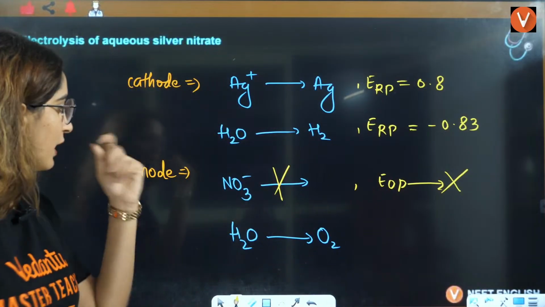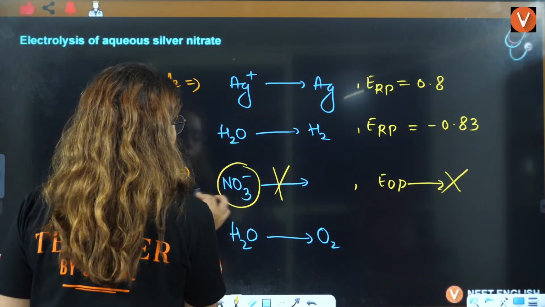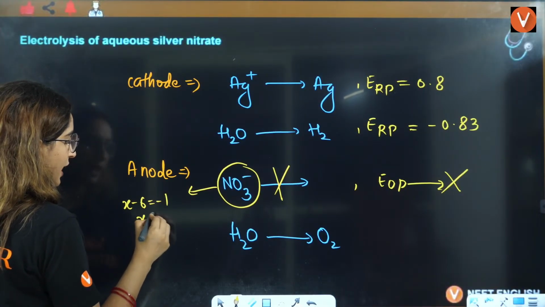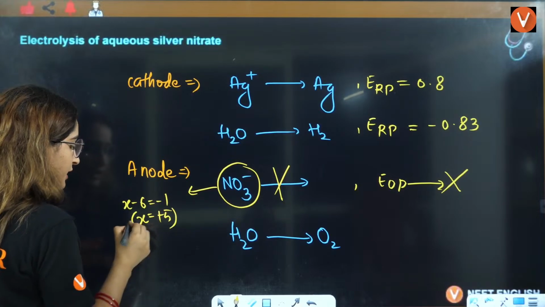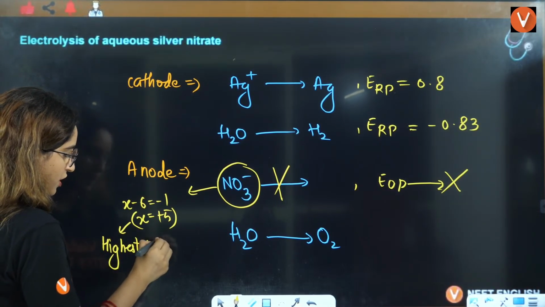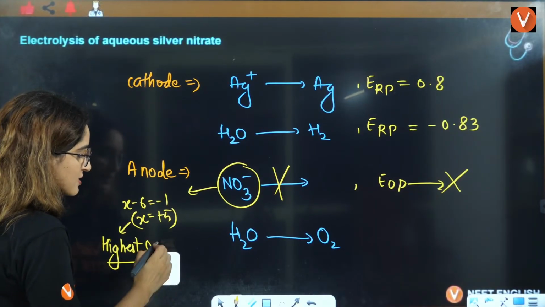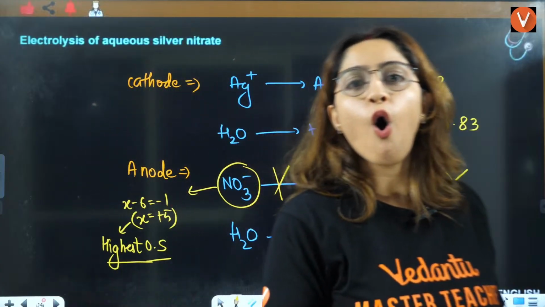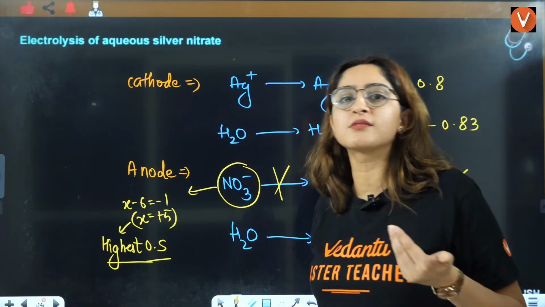Nitrate ion. Can you tell me the oxidation state of nitrogen here? This is x minus 6 equals minus 1, x equals plus 5. It is in its highest oxidation state. So, if something is in the highest oxidation state, can you oxidize it? No. Oxidation means increasing the oxidation number.